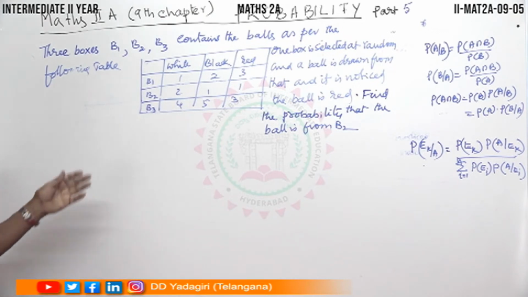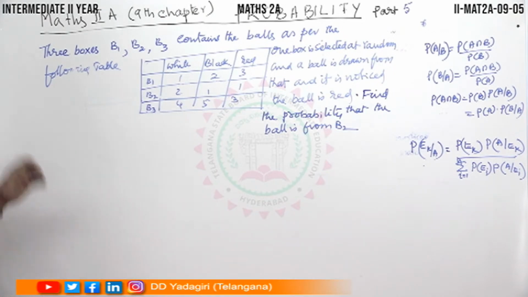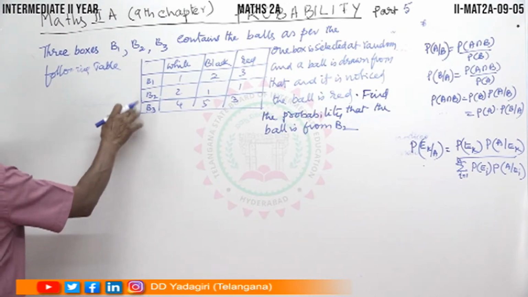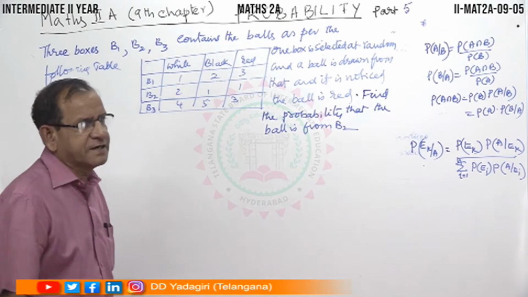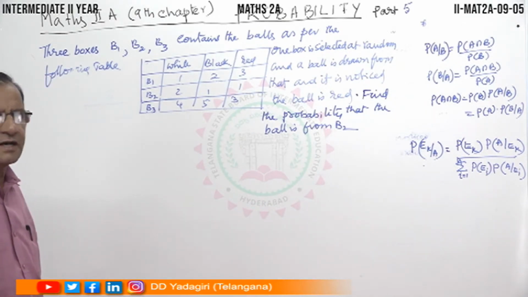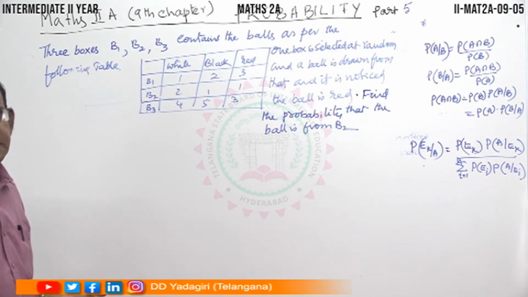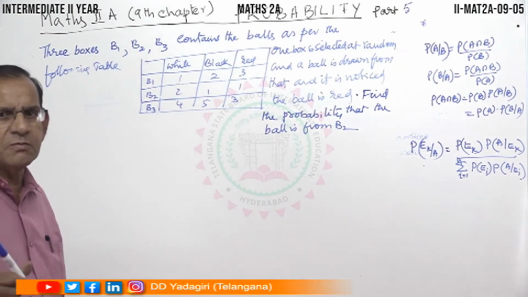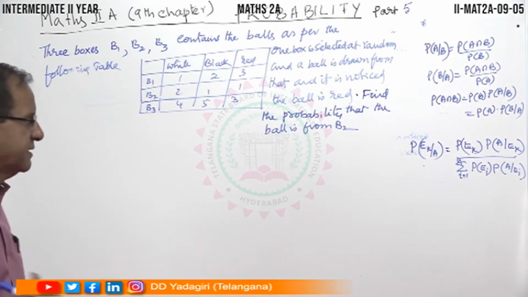Here also, as in the previous case, because the box is selected at random, we may get any one of those 3. So they are equally likely events. That's why the probability for getting any box is 1 by 3.